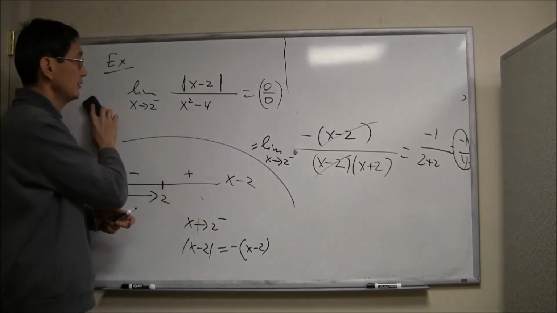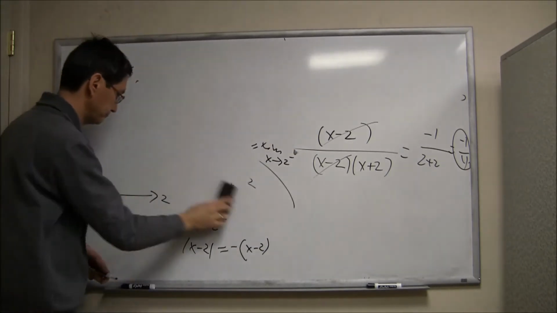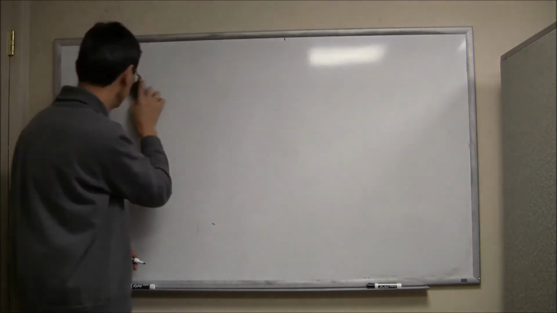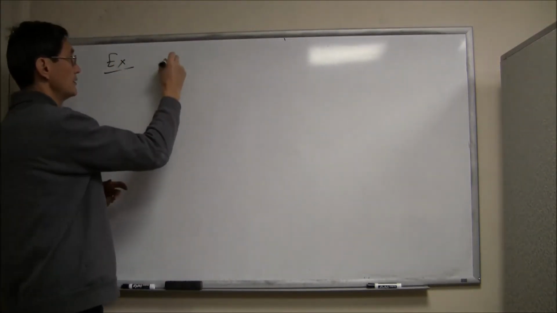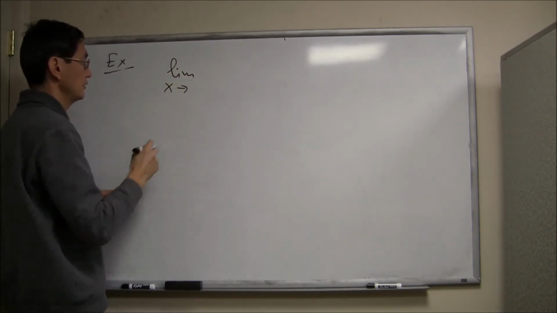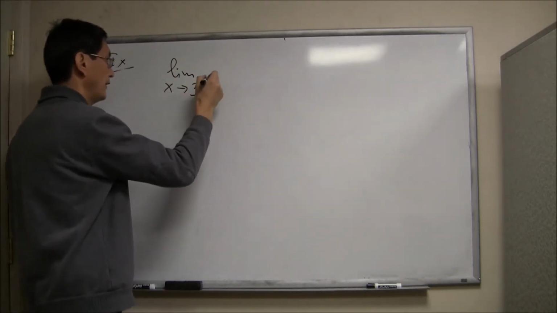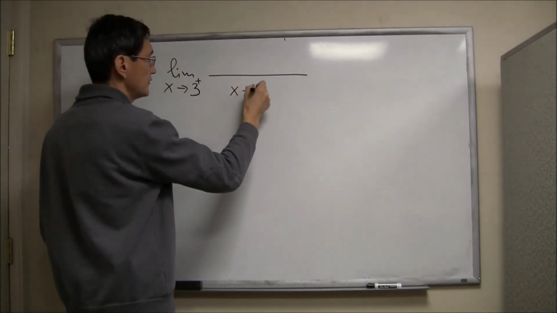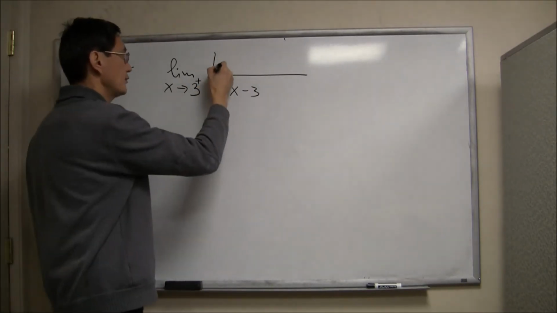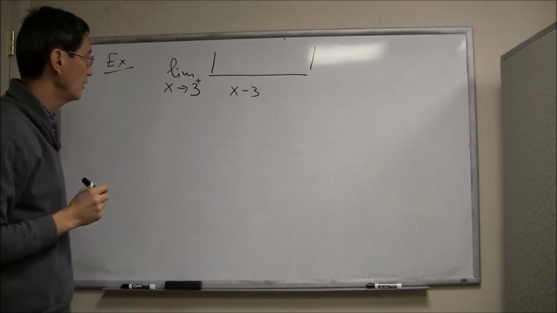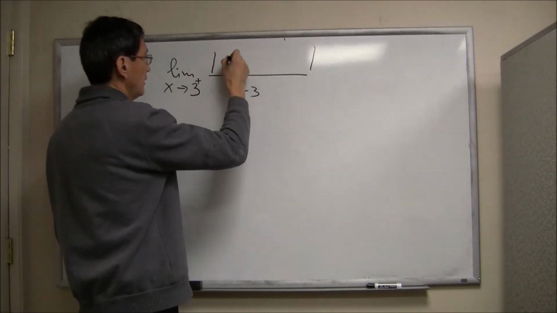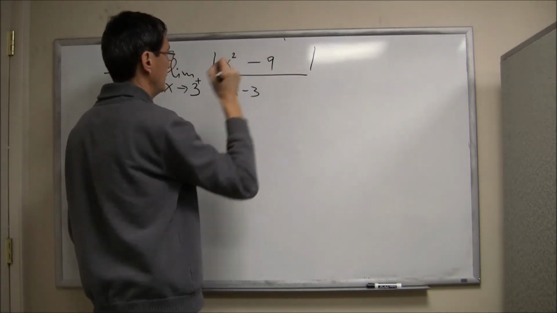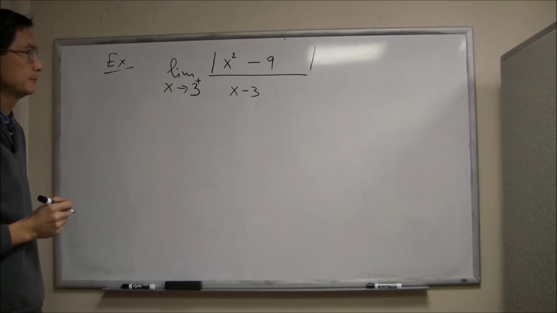Now if I do a similar problem with absolute value, and I say limit as x approaching, say, 3 from the right, say x minus 3 on the bottom, absolute value, and on top I'm going to write down x squared minus 9.